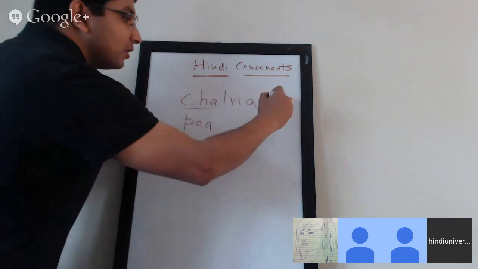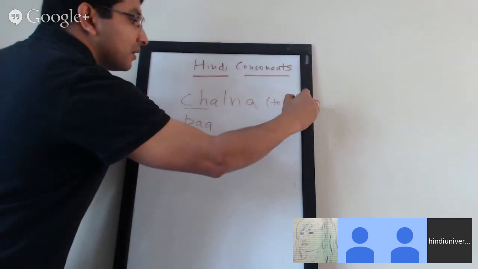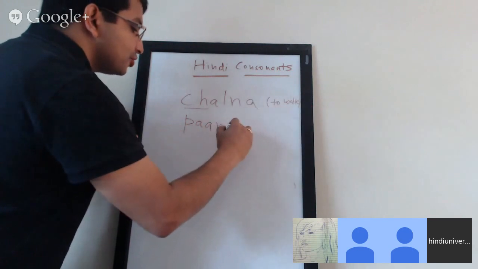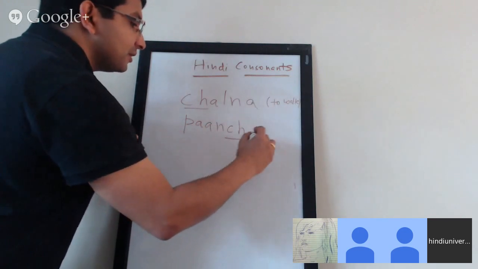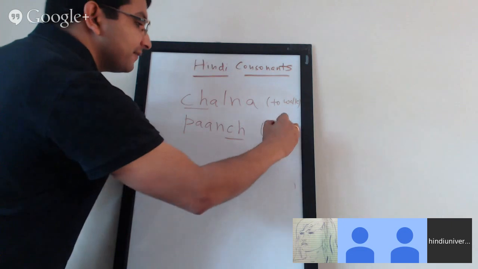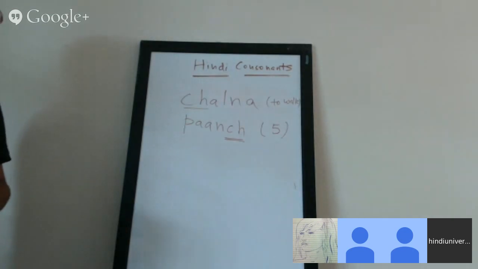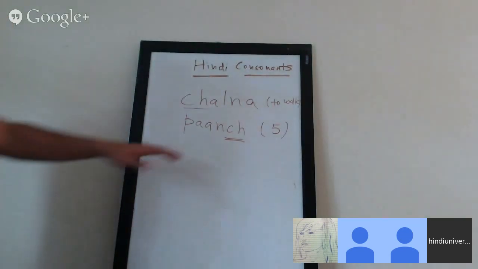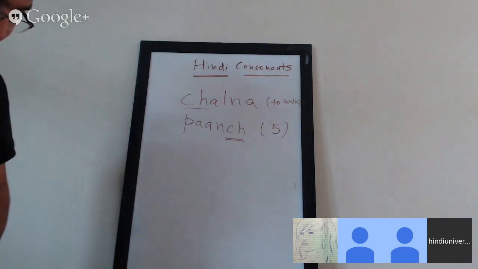Chalna is to walk, and similarly panch. Panch is nothing but the number five. So here also, towards the ending, you will see that that part of your tongue is touching the palate. That's why it is a ch sound.